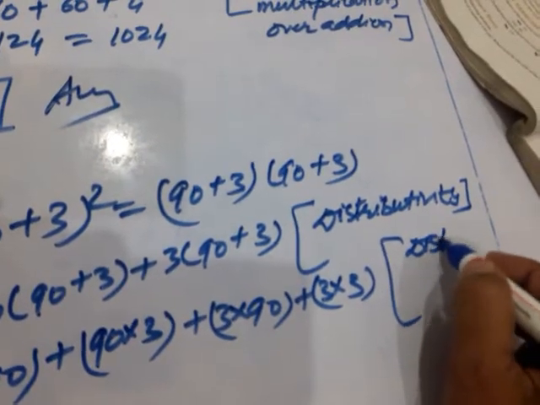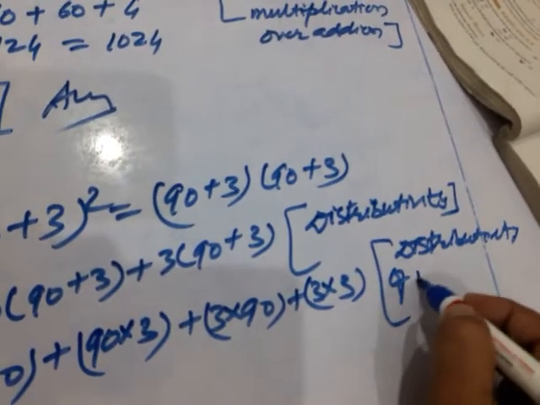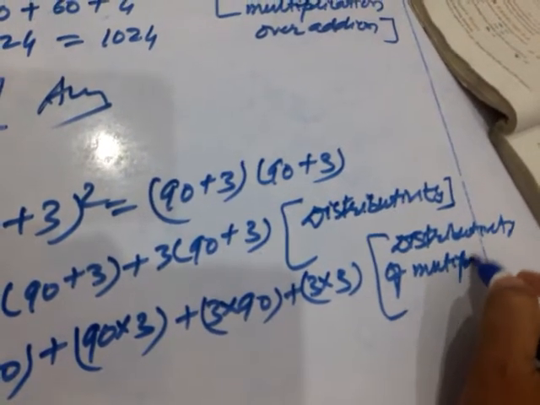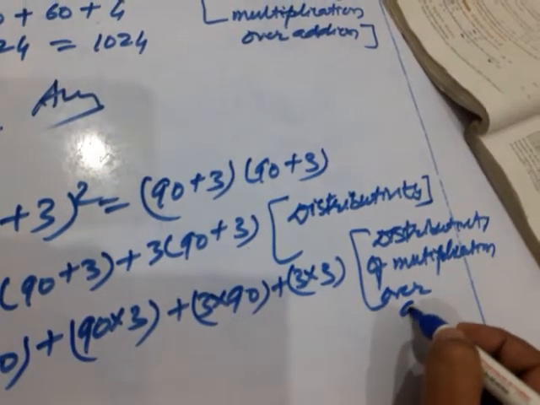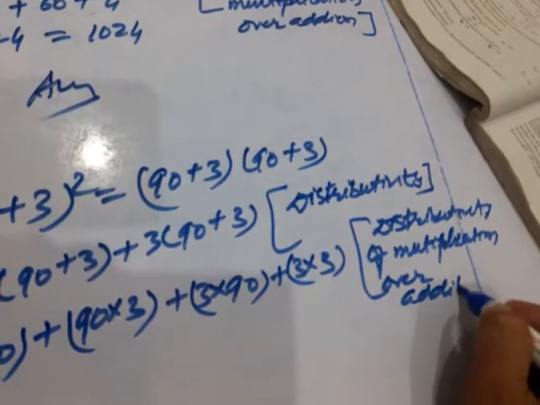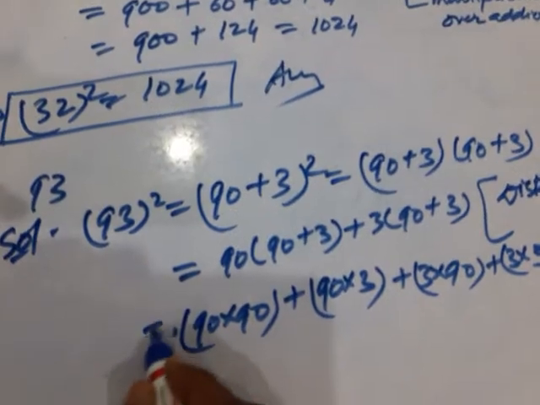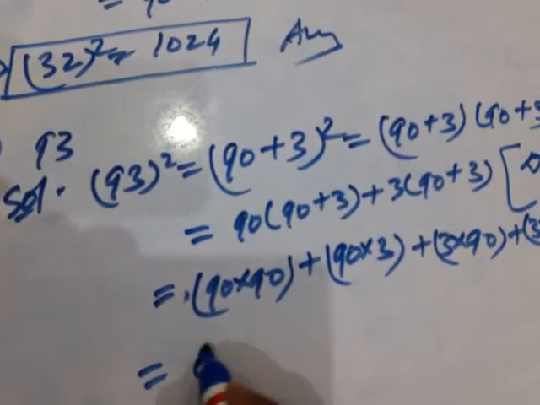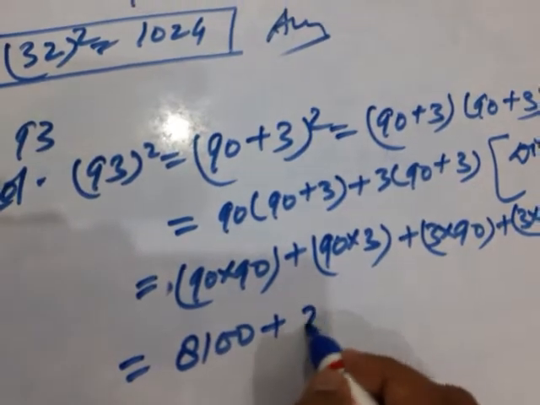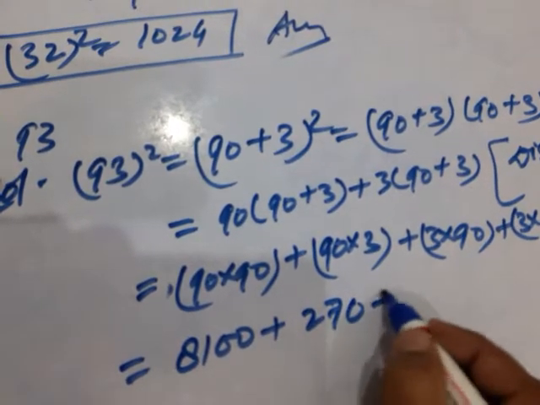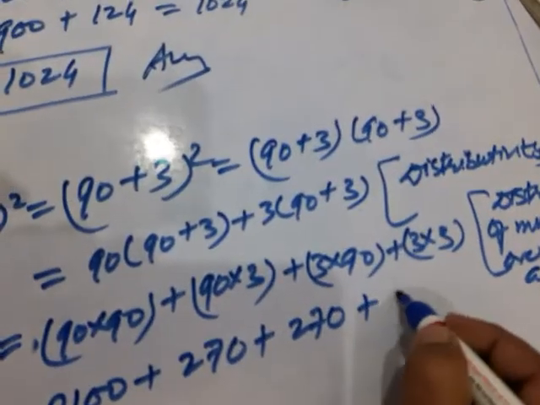Distributivity of multiplication over addition. Okay, children? Now let us simplify this. It equals 9 nines are 81 and two zeros, plus 3 nines are 27 and one zero, plus 3 nines are 27 and one zero, plus 3 threes are 9.